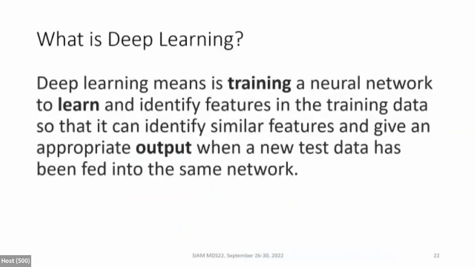Deep learning, on the other hand, means training a neural network to learn and identify features in the training data, so it can identify similar features and give an appropriate output. Deep learning is basically neural network architecture with multiple hidden layers.